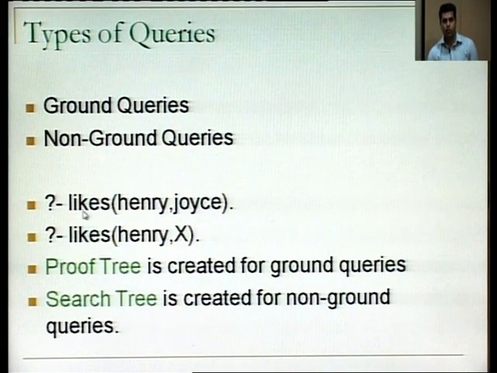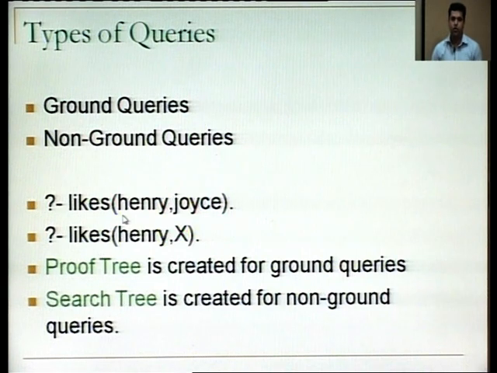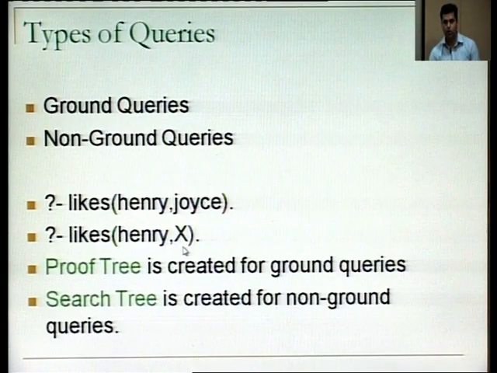If your query consists of only constants, let me tell you, anything that starts with a small letter is a constant in Prolog, and anything that starts with a capital letter is a variable. So, if inside your query there are only constants, then it is a ground query, and if it contains at least one variable, then we say it is a non ground query. One or more variables means it is a non ground query.